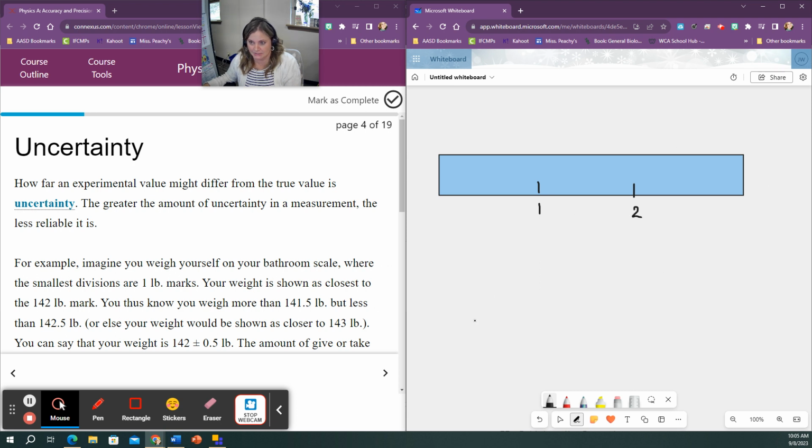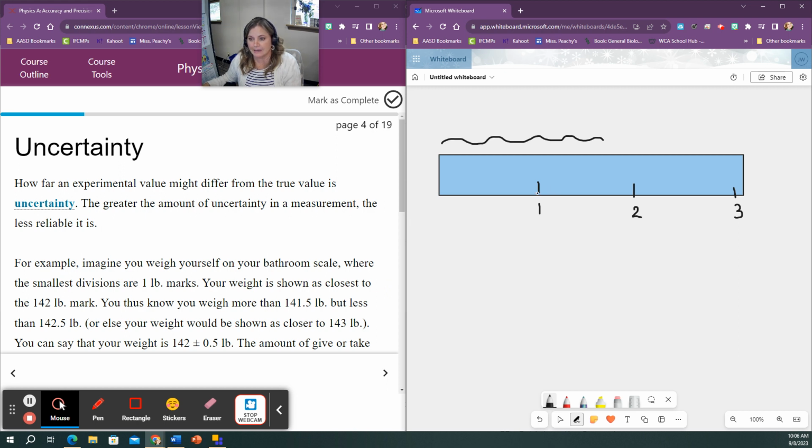If I'm trying to measure something and all it has is 1 centimeter measurements, and I'm trying to measure this squiggle, I can say that I know the squiggle is between 1 and 2 centimeters. It's closer to 2 centimeters. It's obviously greater than 1.5 centimeters, but I can't be much more precise than that because I don't really know. So it's got some uncertainty.